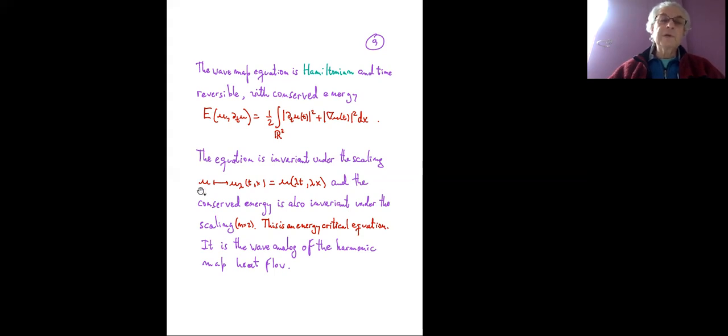So if u is a wave map and lambda is a positive number, u of lambda t, lambda x is also a wave map solution to the wave map equations, and the conserved energy is invariant under the scaling. And this is an energy critical equation because of that. It is the wave analog of the harmonic map heat flow, which is the parabolic analog of the heat equation.